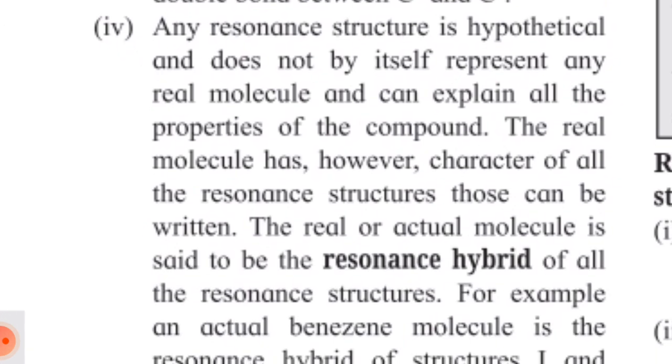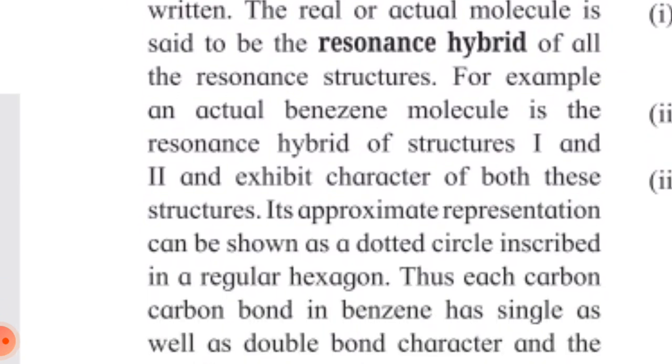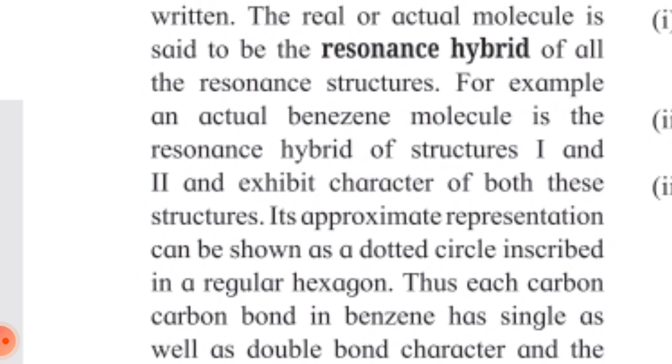Fourth point: any resonance structure is hypothetical and does not by itself represent any real molecule, nor can it explain all the properties of the compound. The real molecule has, however, the character of all the resonance structures that can be written. The real or actual molecule is said to be the resonance hybrid of all the resonance structures.